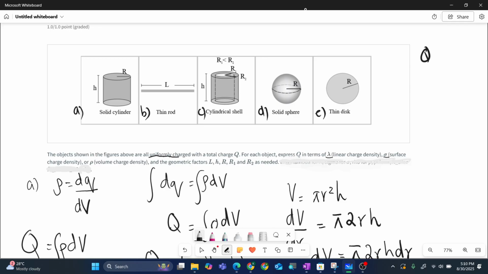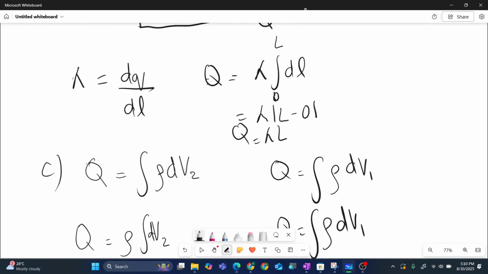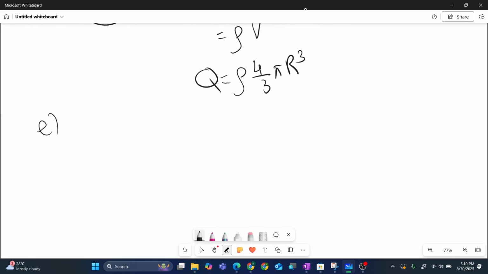And finally we have a thin disk with a radius capital R. Have a go at this one. Since now we have a thin disk, we are dealing with a two-dimensional object, an area, and so the charge density we're going to use here is sigma.